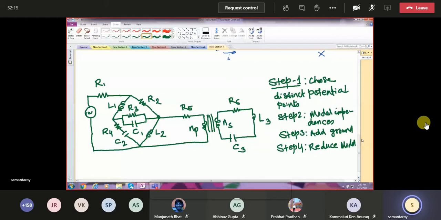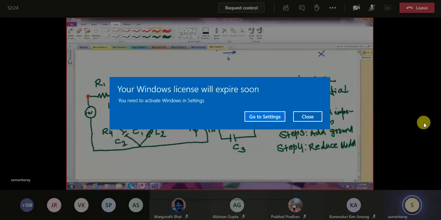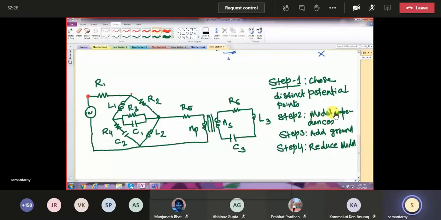So here there is some potential, and the potential here is different because there is some potential drop across the impedance R1. So whenever you find an impedance, you put a distinct potential point. So let's call this point A, this point B.